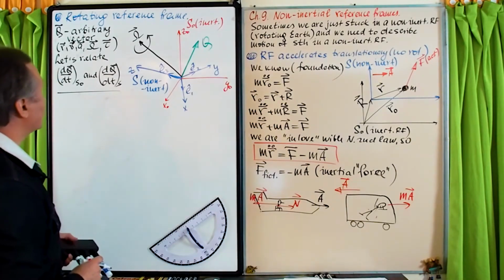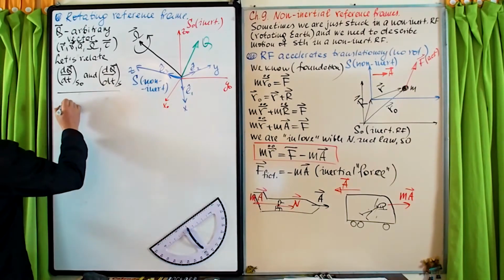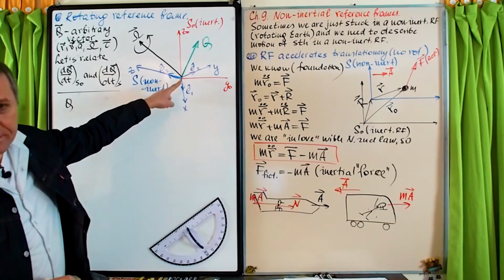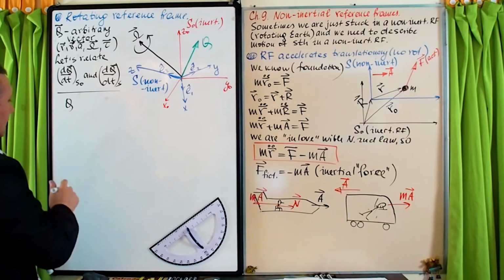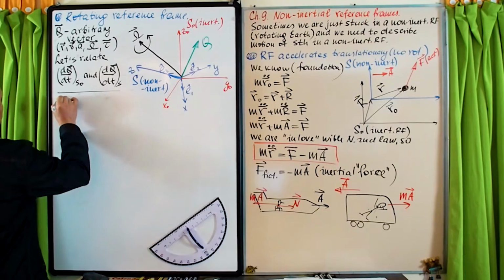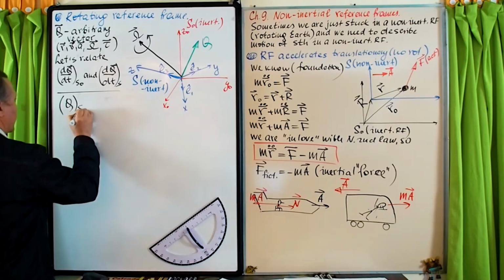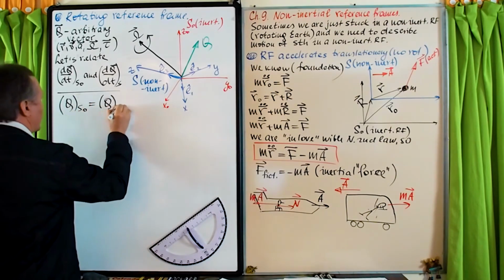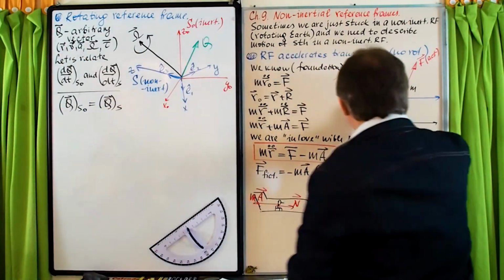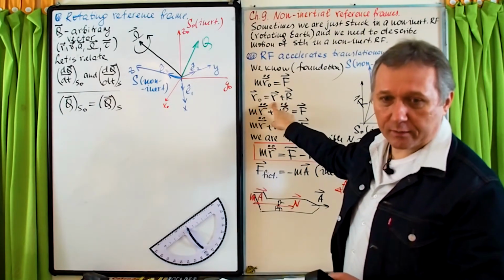I think the picture is more or less complete, and now let's start with vector Q. Since the origins coincide, vector Q in both reference frames is the same: Q in S naught equals Q in S. They would not be equal if there were a displacement between the origins, like in the earlier case, where we ended up with a triangle.